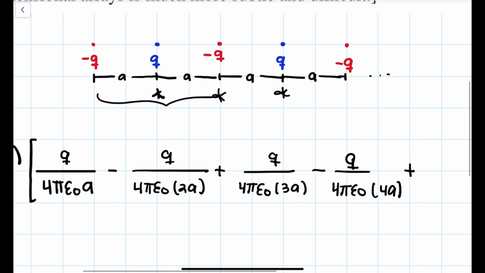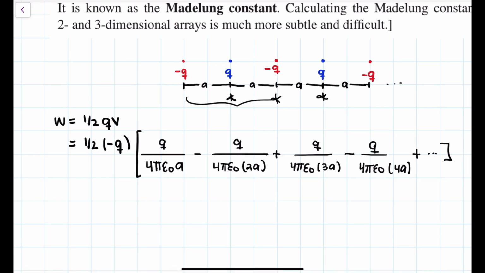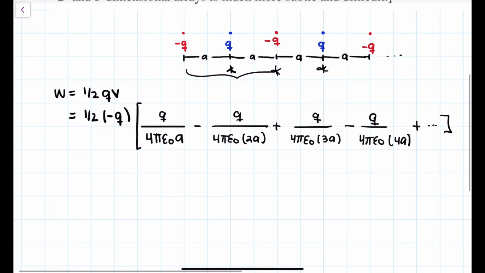And like I said, this will keep going. Alright, so when we look at this, not only can we take out a constant from all these terms, which is Q over 4 pi epsilon naught a, but we also have to notice that we are focusing on the work that it takes to bring this one charge, and we're only considering the potentials from the right side of the charge that we're bringing in.